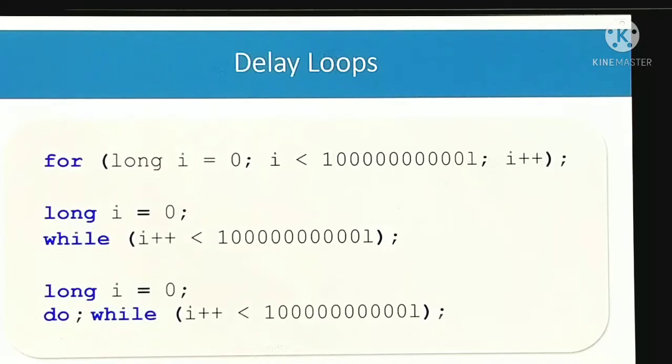Like here, if you write while i++ is less than 1 followed by a number of zeros, a high value for the iteration, or in do while also, if you write i++ up to a large iteration value, it will delay for a few minutes according to whatever your looping condition is.